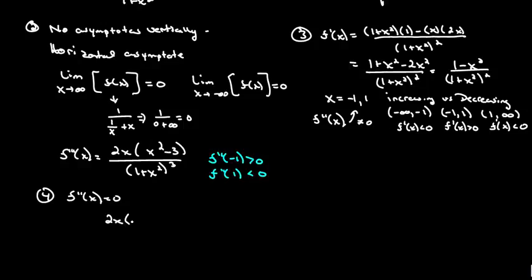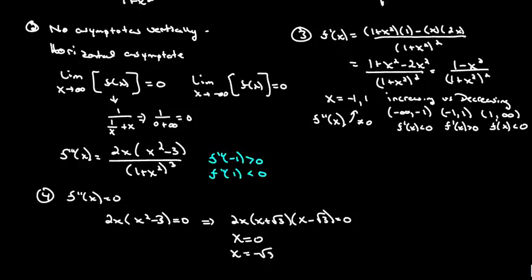It's 0 when 2x times x squared minus 3 is equal to 0. Or in other words, 2x times x plus the square root of 3 times x minus the square root of 3 is equal to 0. So when does this happen? Well, when x is 0, when x is negative square root of 3, and when x is positive square root of 3. So possible points of inflection are these guys.